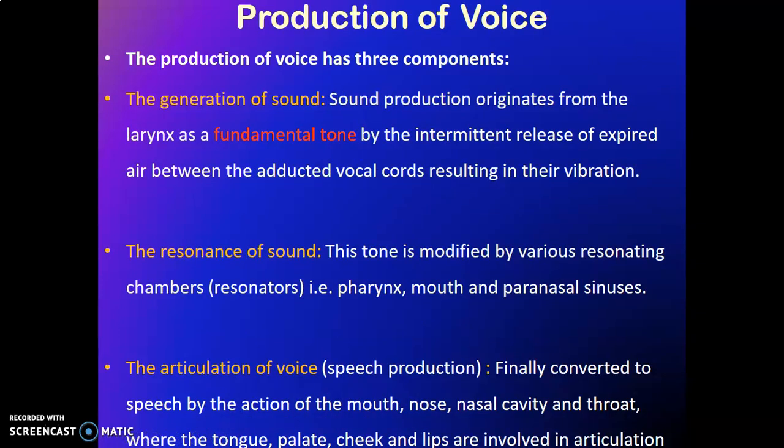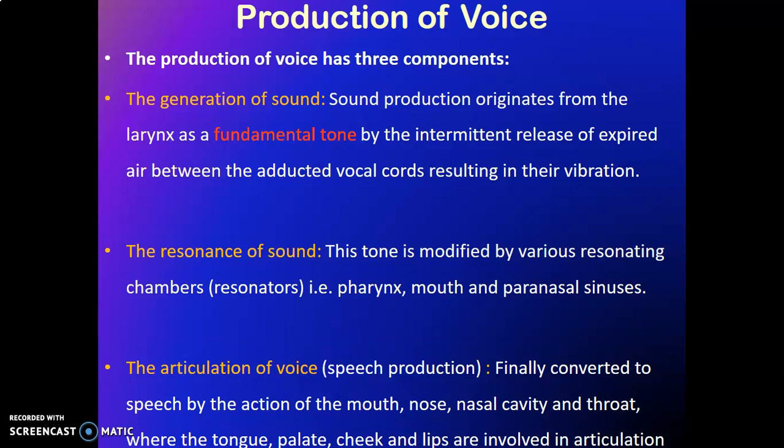So the production of voice involves the generation of sound, that's from the larynx, through the release of expired air. When you release expired air between the adducted vocal cords, the vocal cords will vibrate. That's generation of sound. Then there's the resonance of sound, by the resonating chambers such as the pharynx, the mouth, and the paranasal sinuses.